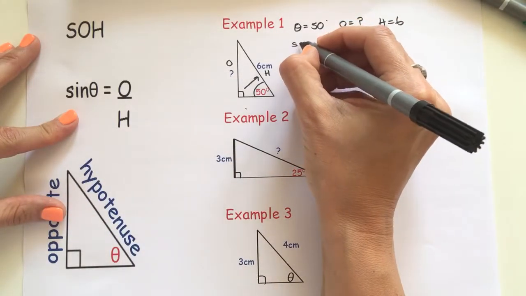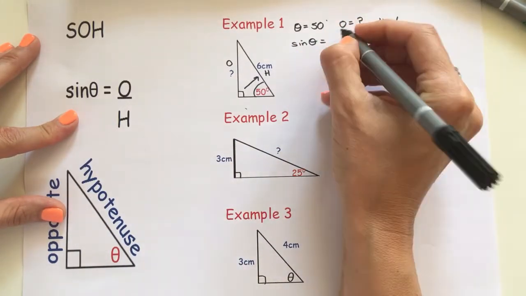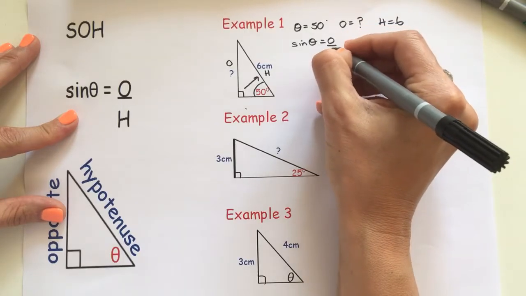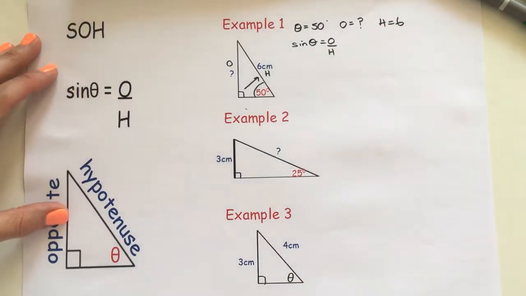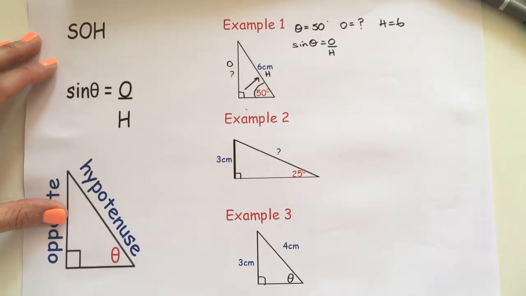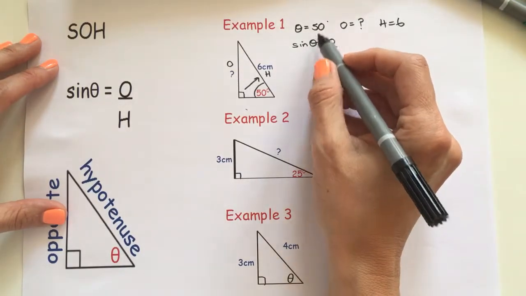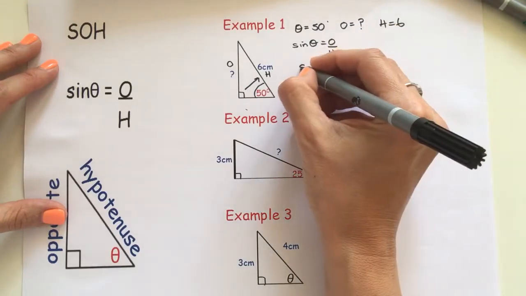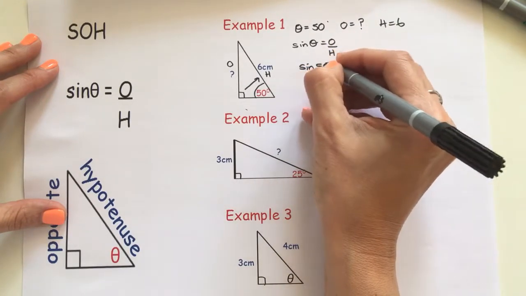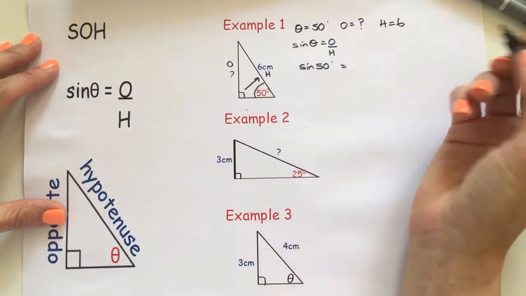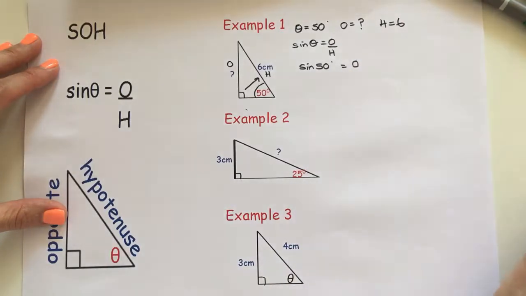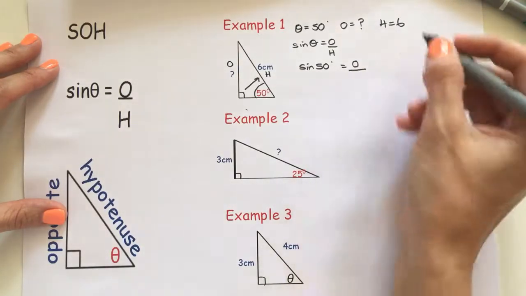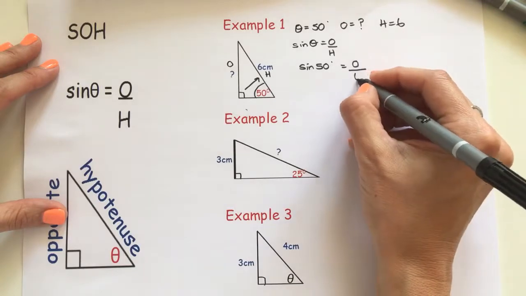So then I'm going to write out the formula, sin theta equals O over H, and substitute my numbers in. So sin 50 degrees equals O, which we don't know, divided by H, which is 6.